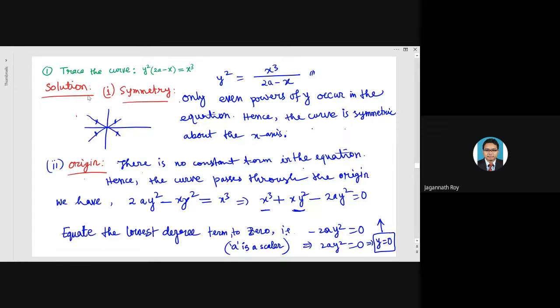So the tangent at the origin is y equals 0. And not only that, since y square equals 0, we'll have y equals 0, comma 0. So that means the origin is a double point. And not only that, the tangents are matching.